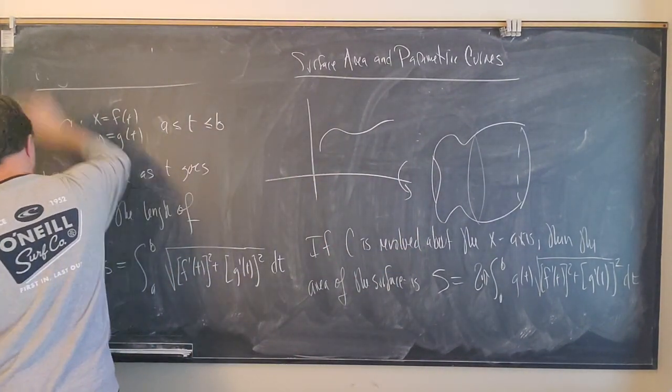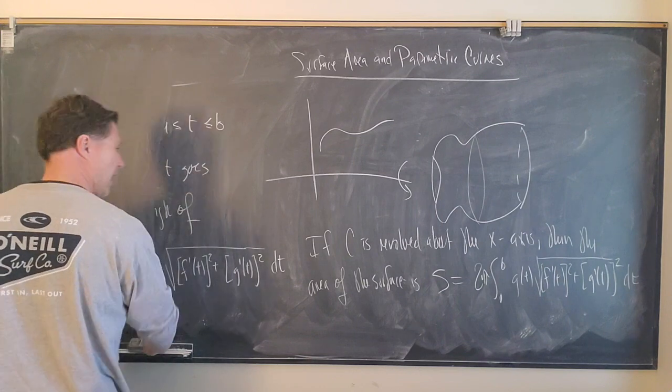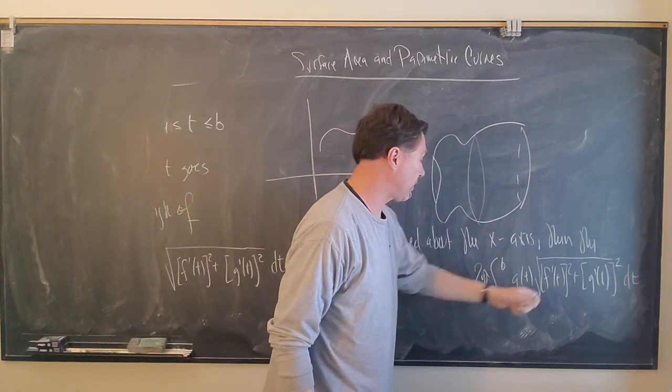And then one last thing, so we can revolve it around the x-axis, we can also revolve curves about the y-axis, and so let's just give you the formula. It's going to look almost the same, except instead of a g of t here, I'm going to have an f of t.